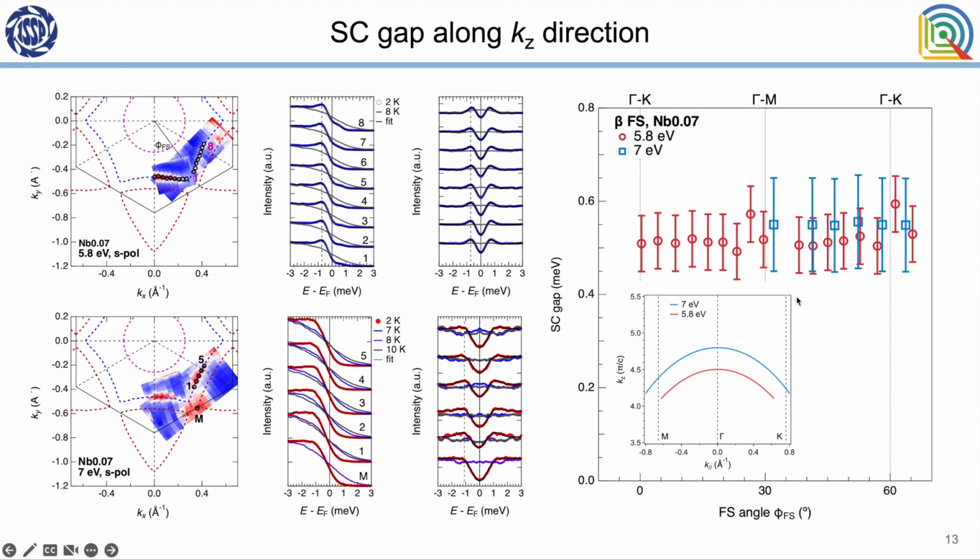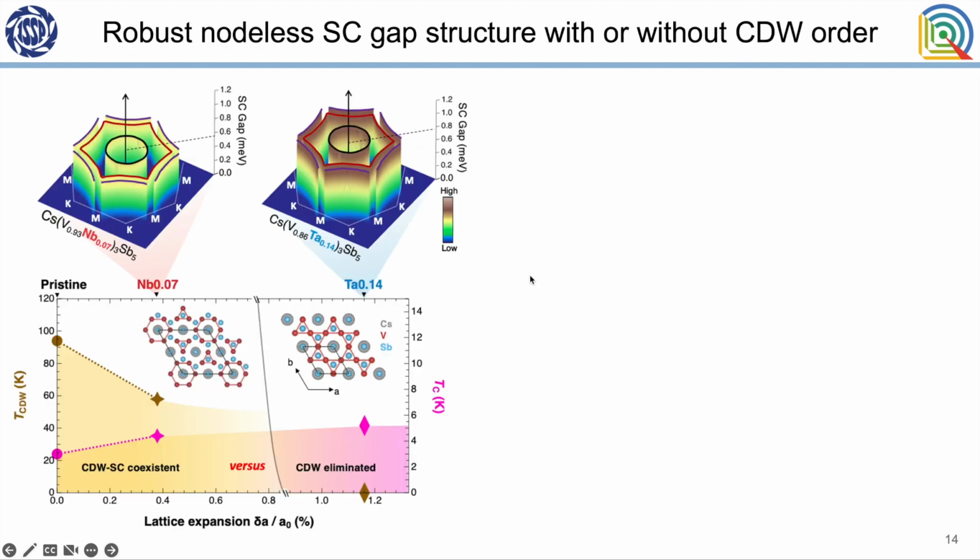So this result suggests that the superconducting gap is kz independent within our experimental errors. Therefore, by measuring the superconducting gap in the full momentum space, we reveal a robust isotropic superconducting gap with or without CDW order, and we summarize these results in this figure.